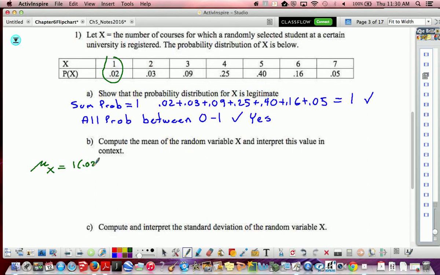So 1 times 0.02 plus 2 times 0.03 plus 3 times 0.09 plus 4 times 0.25 plus 5 times 0.40 plus 6 times 0.16 and 7 times 0.05.